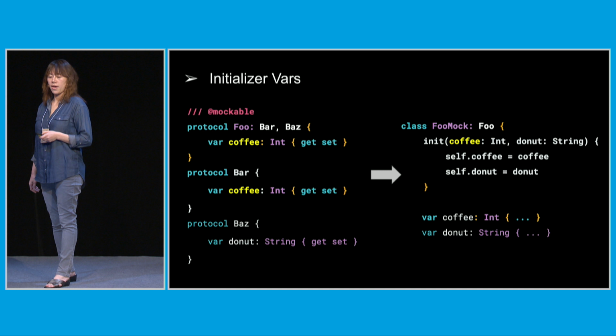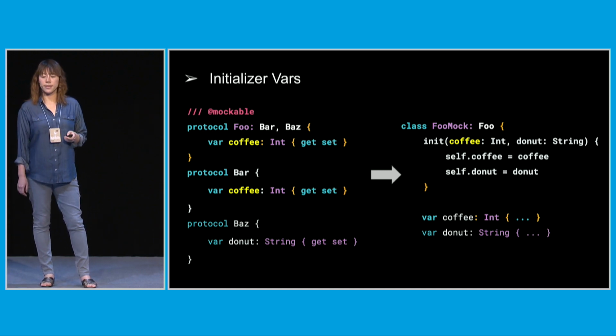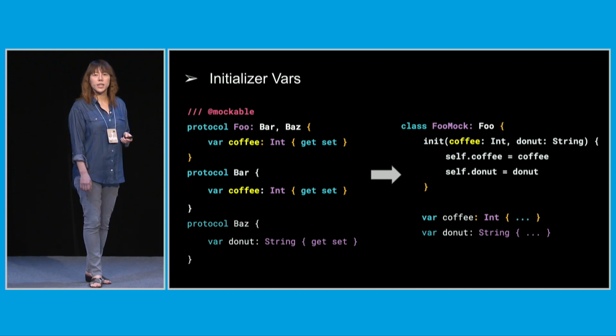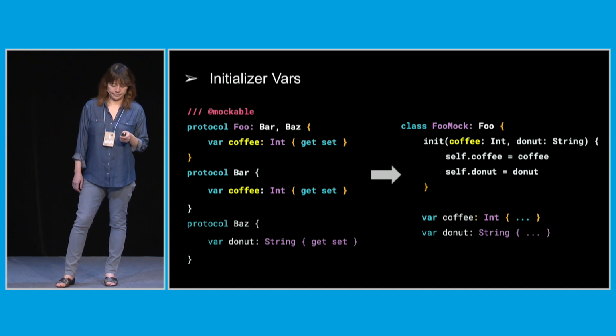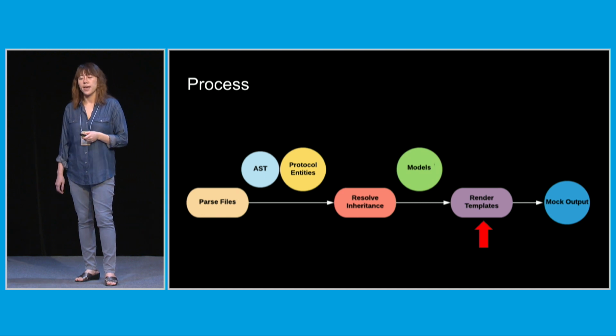This issue comes up again in the initializer for variables. In this case, we have an overloaded var called coffee. In the mock class initializer, we need one parameter for the variable coffee. After filtering out duplicates and uniquifying these models, we are now ready for the next step, rendering.